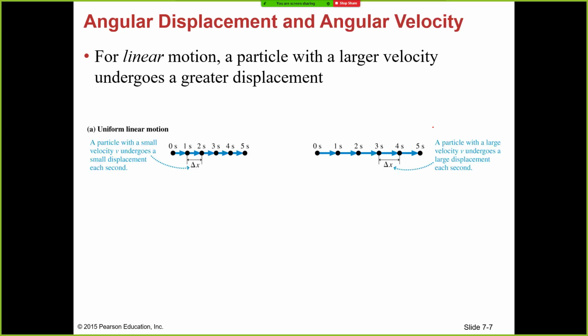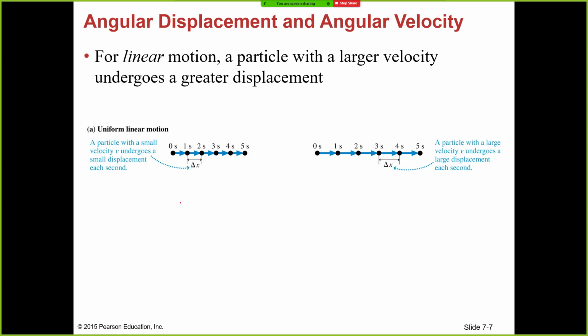Okay, so a little bit of review from linear motion. In linear motion, we know larger the velocity, greater is the displacement. So in this example, here the one on the left side has lower speed or lower velocity than this one.